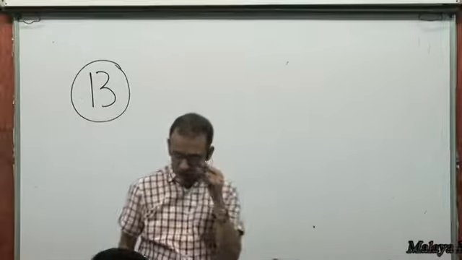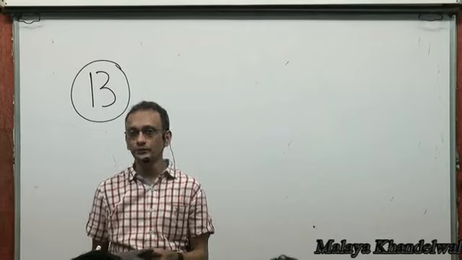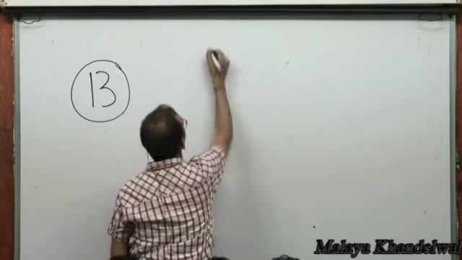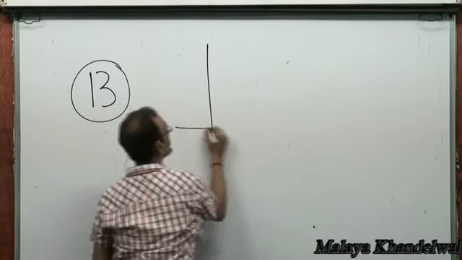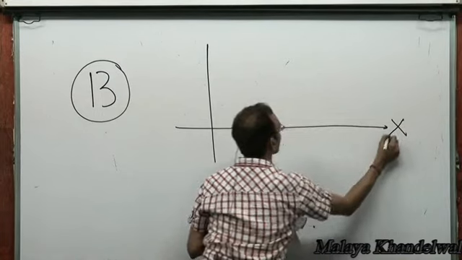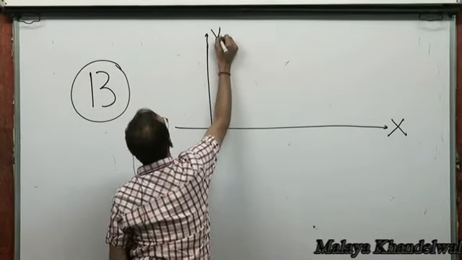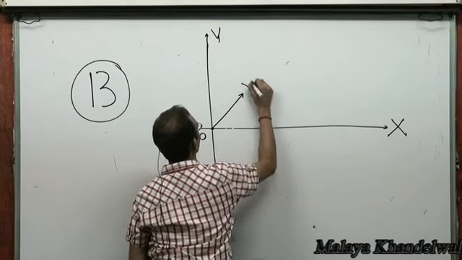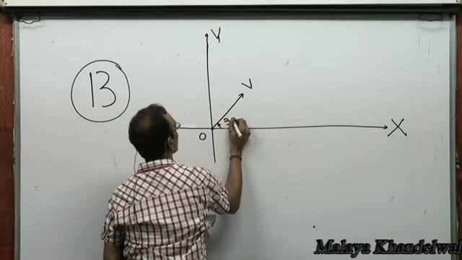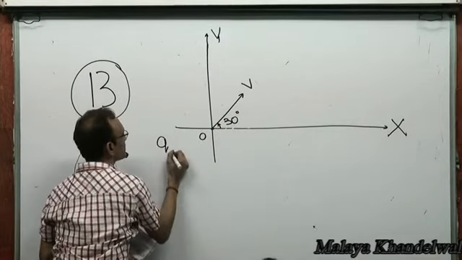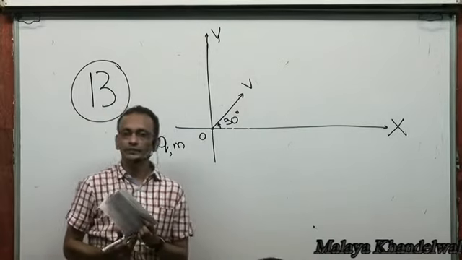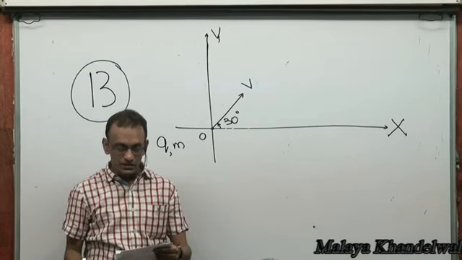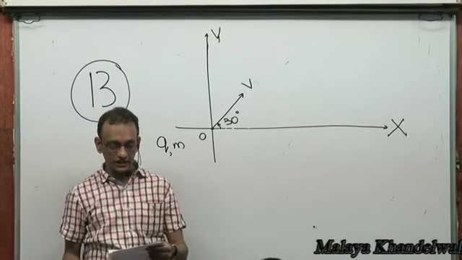A positive charge moves in the xy plane at 30 degrees to the positive x-axis. Let's say charge q, mass m, and it experiences a magnetic force in the plus z direction.